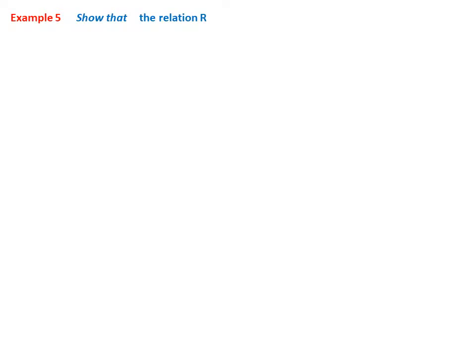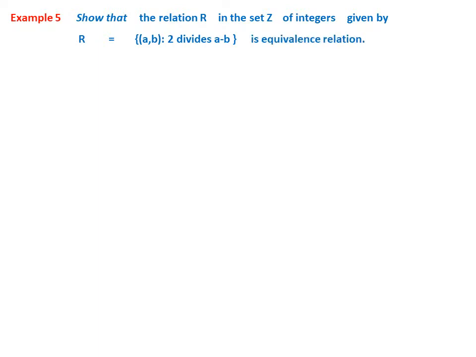Next example. Show that the relation R in the set Z of integers given by R equal to the set of all ordered pairs (a, b) such that 2 divides a minus b is an equivalence relation.